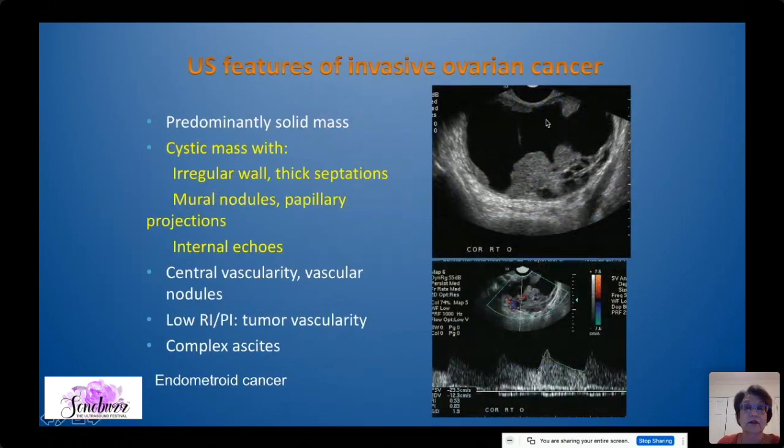So if they're cystic, you have irregular wall, thick septations, mural nodules, or papillary projections, or internal echoes. And always important, if you have a mural soft tissue, to look at the vascularity here, and you can see that there is low resistance flow within this vascularity. And also if you have ascites, of course, and this turned out to be an endometrioid cancer.